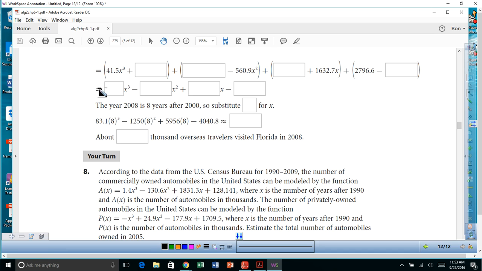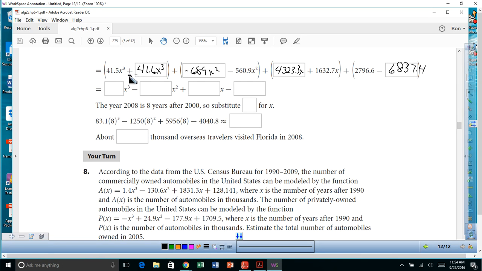So you got 41.5x cubed plus 41.6x cubed plus negative 689x squared minus 560.9x squared plus 4,323.3x plus 1,632.7x plus 2,796.6 minus 6,837.4.